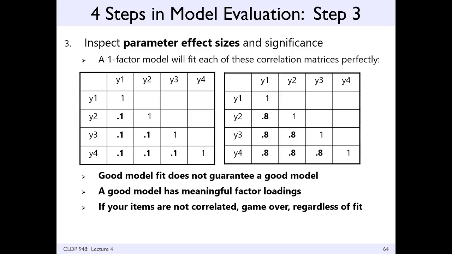A perfectly fitting model means that your predicted pattern matches the pattern in the data, that the amount of covariance predicted matches what's in the data. It says nothing about whether there's anything in the data worth modeling in the first place. So both of these correlation matrices would be well fit by a single factor model, even though there basically is no correlation to model on the left side here.